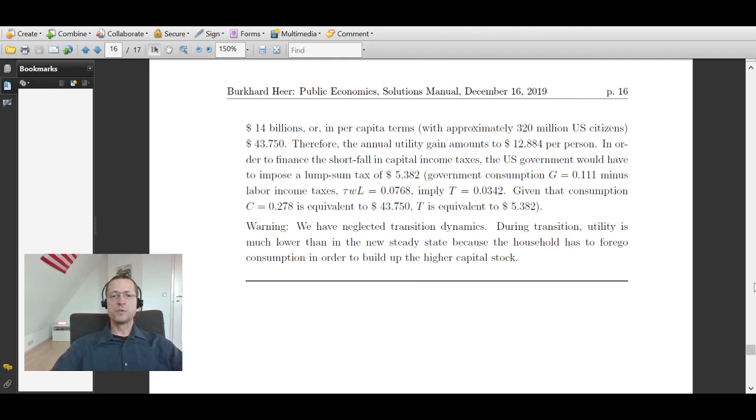So, for example, I do such an analysis with Hans-Peter Grüner, and we look at the case where we use labor income tax rates to finance the shortfall in capital income tax revenue, and there we find that also accounting for the transition dynamics, the optimal capital income tax rate is as high as 9%. But of course, it's much, much lower than the present capital income tax that you find today.